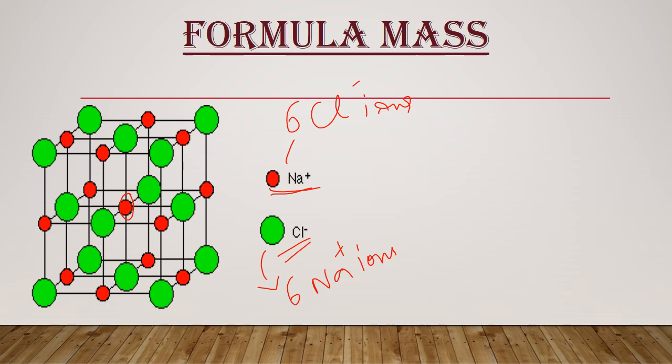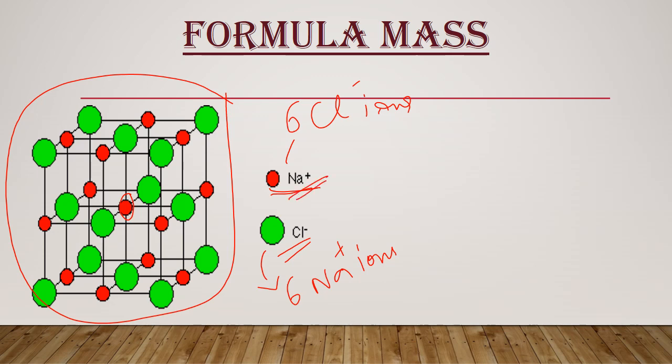They are always present in the form of a crystal in a three-dimensional structure. We take the simplest ratio between Na plus and Cl minus, which is 1:1, and we write the formula for sodium chloride as NaCl, because the ratio between the ions is 1:1.